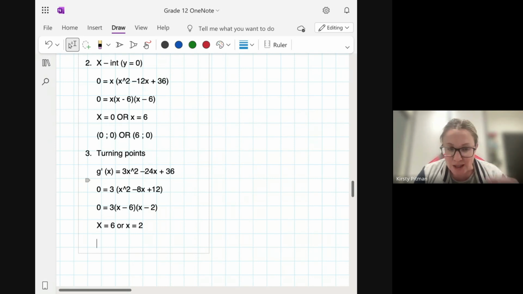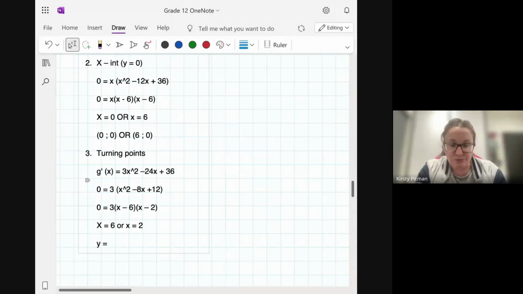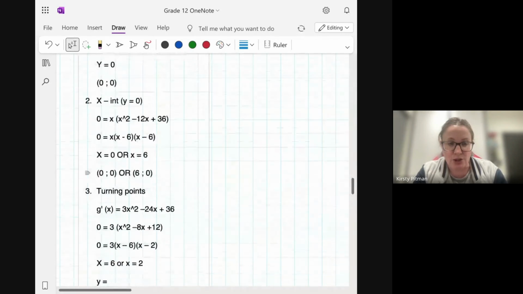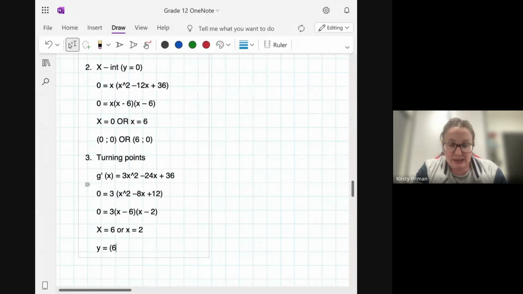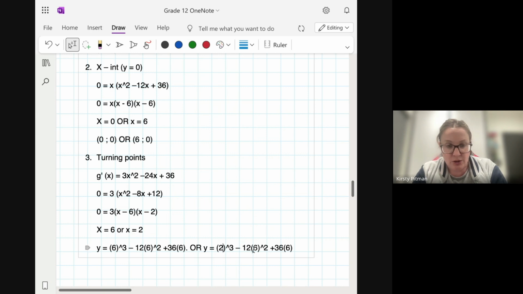So I'm going to get y equal to, my original equation was x cubed, so (6 to the power of 3 minus 12 times 6 to the power of 2 plus 36 times 6). Or I'm going to say all of this, but instead of 6, I'm going to put in 2 here.